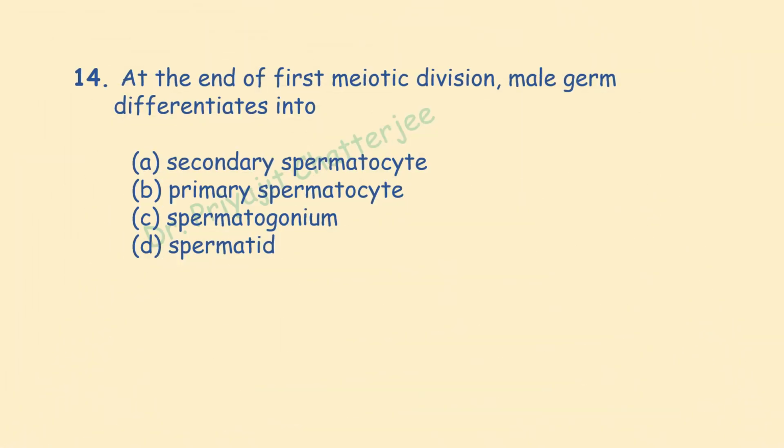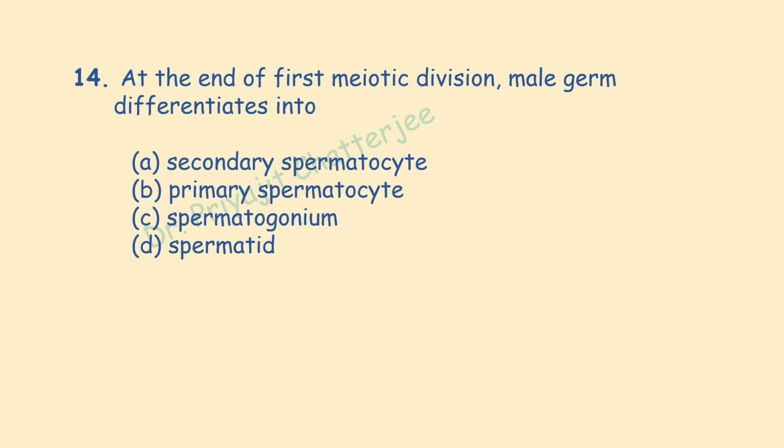At the end of the first meiotic division, male germ cell differentiates into. We know during meiosis 1, primary spermatocyte is the main germ cell. It is diploid 2n with 44 autosomes and XY, that is total 46 chromosomes.